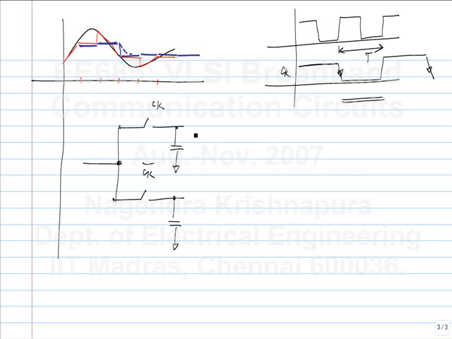Now these two will give you alternate samples, and perhaps you can multiplex these two using an analog type of multiplexer. So at the output you will have a waveform which is held for the entire period T, and the sampling rate of that is 1 over T. So that is another way of making a sample and hold which samples every T seconds.